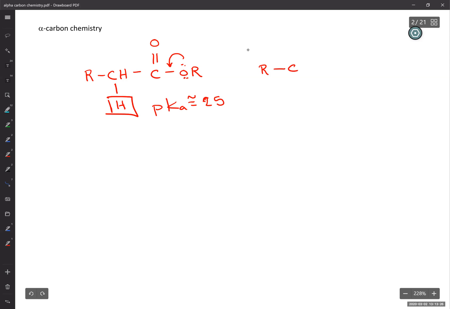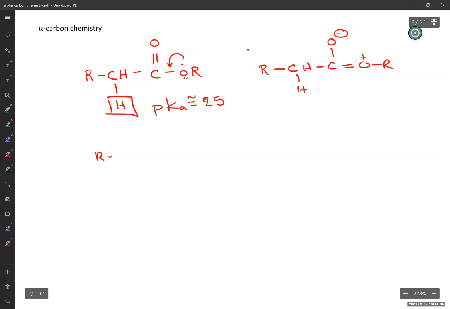So there's still resonance stabilization on the alpha carbon, but because the oxygen is an electron donor, it can donate negative charge to this oxygen. If you're donating electron density from the oxygen, then you can't donate it from the enolate ion, and as a result, it's not as stabilized.